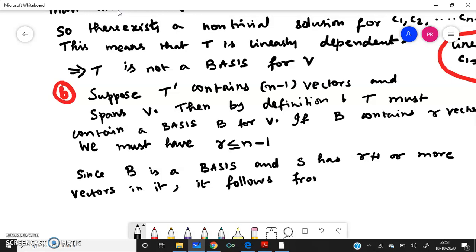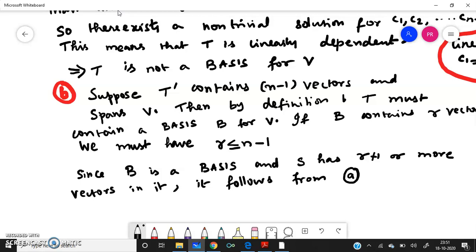from A. What does our A part say? We are saying a basis is there, that name is B, and our set S has R plus 1. Just now we have taken a set S. What is the set S? V1, V2, and so on to Vn.